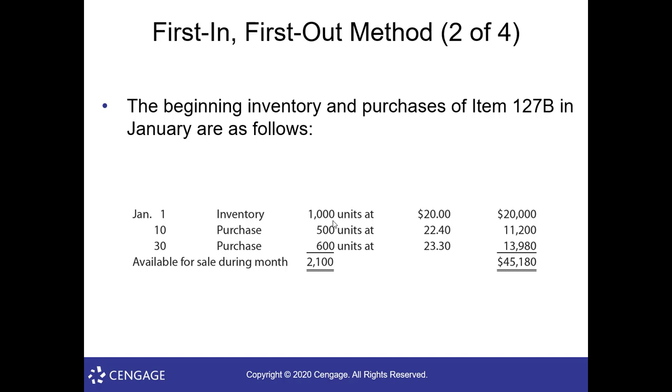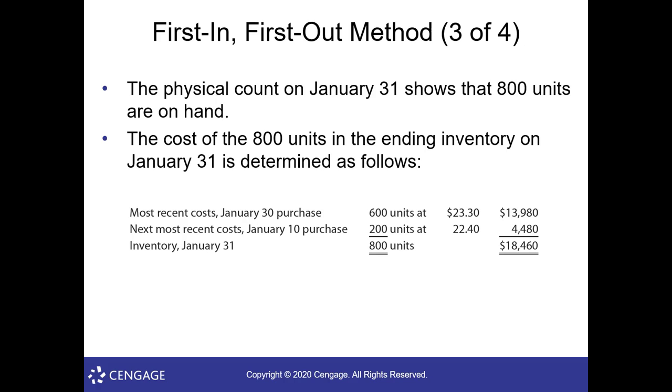This is the same that we just did under the perpetual inventory system. So available for sale, 2,100 units, $45,180.